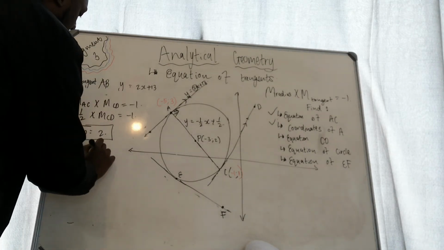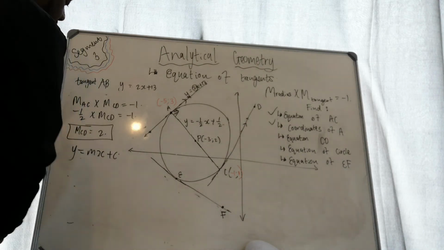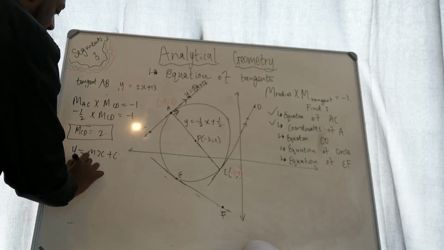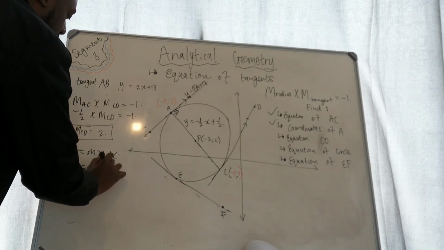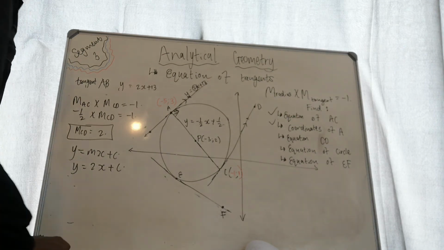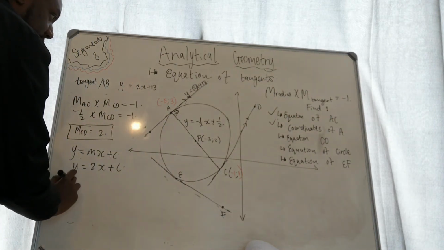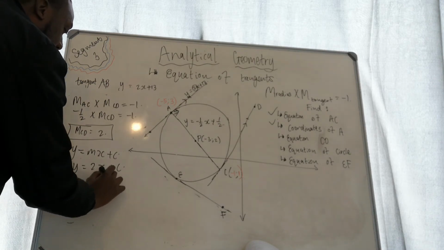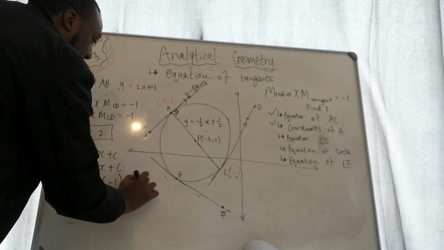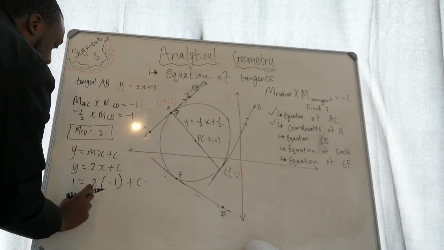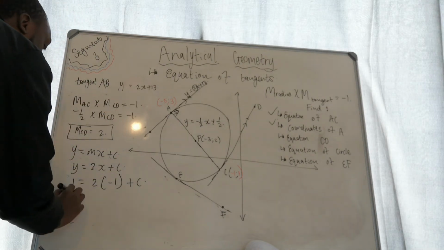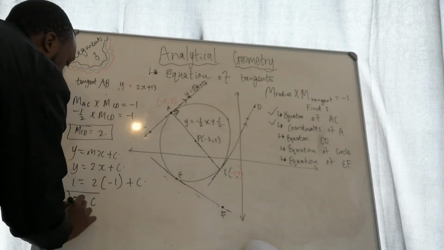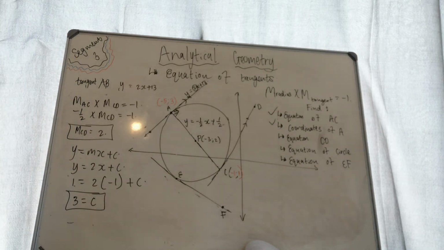Y is equal to mx plus c. The gradient I'm going to use is 2. The coordinates that I'm going to use to solve for the C is the C coordinate, which is a positive 1 for the Y, negative 1 for the X. So you multiply, you subtract, you add on the other side, so you get a 3 is equal to C. Right?